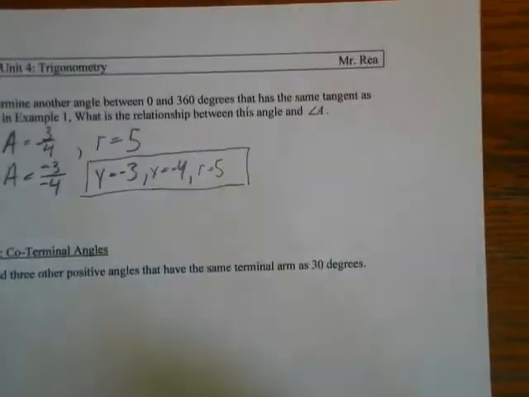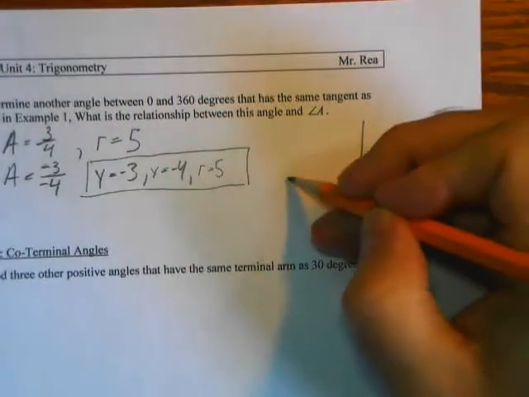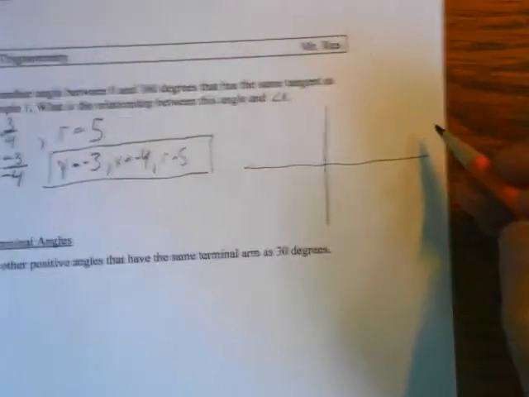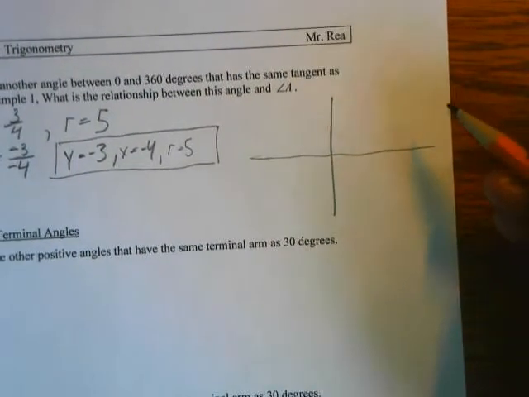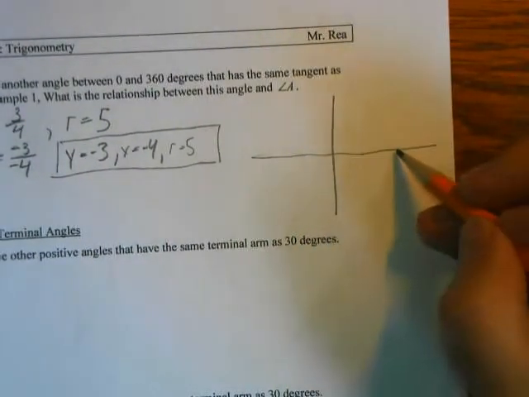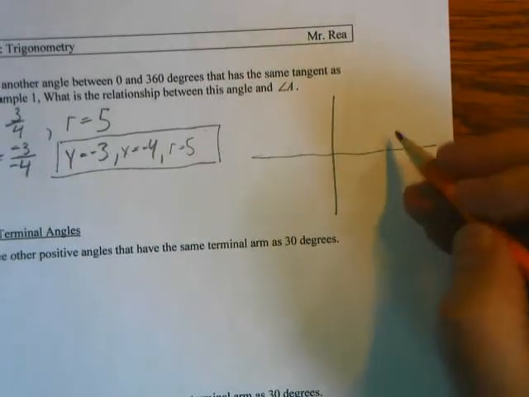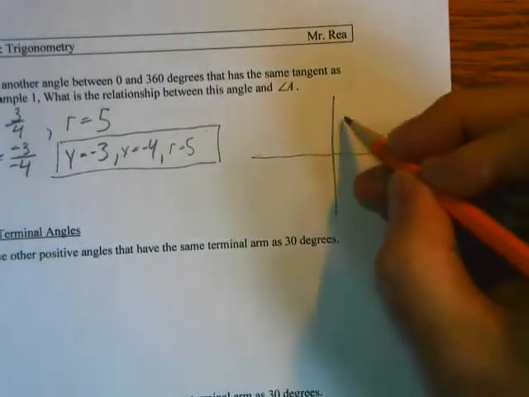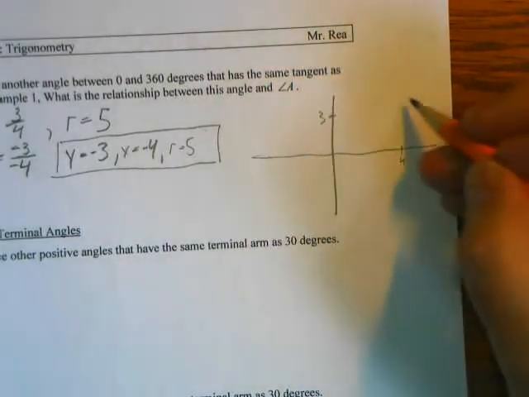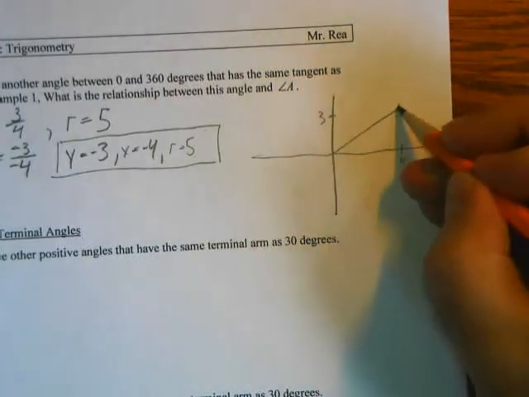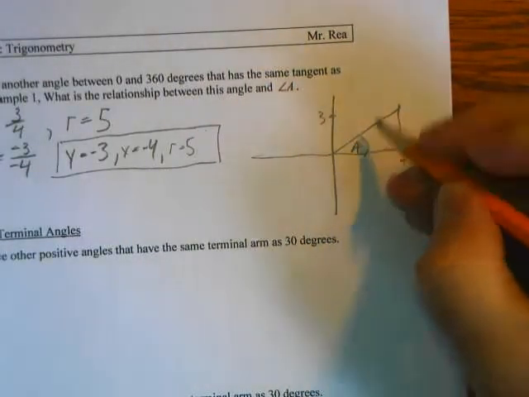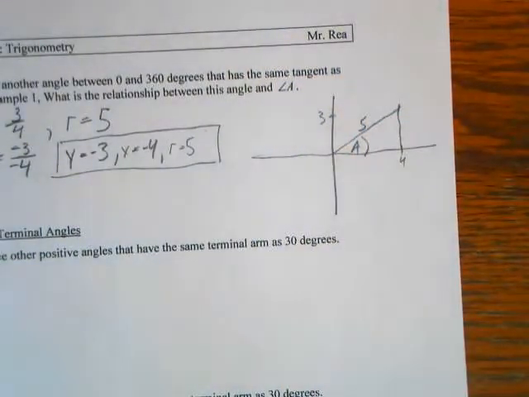Okay, so what does this look like on a sketch? Again, the first angle A will be the one that we've been drawing for every example, when x was positive 4, y was positive 3, angle A is here, and r was 5.